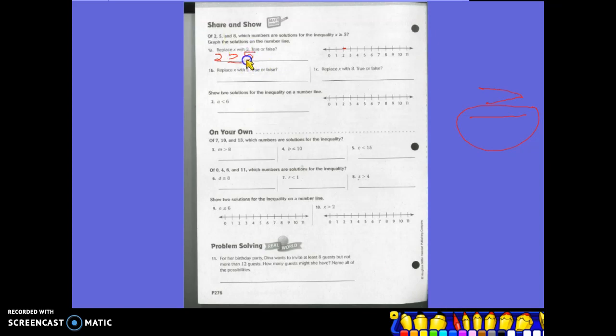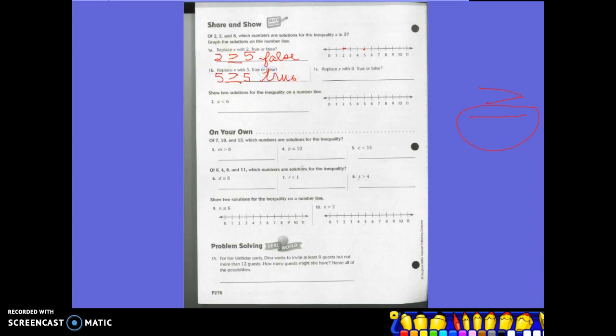False, because 2 is less than 5, not greater than 5. Now it says replace x with 5. So 5 is greater than or equal to 5. Fred, true or false? True.